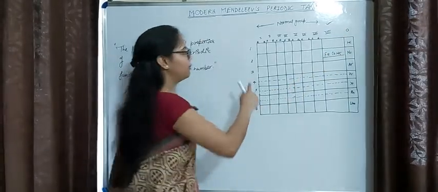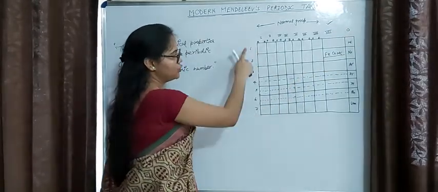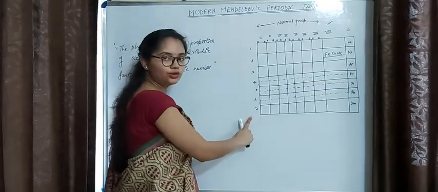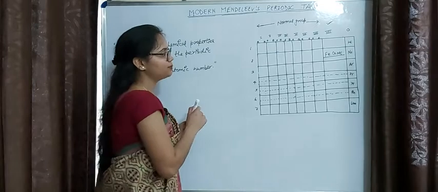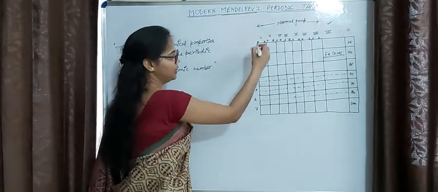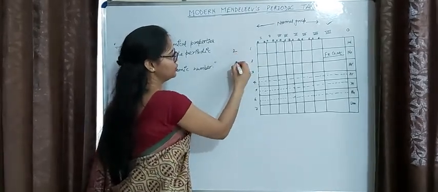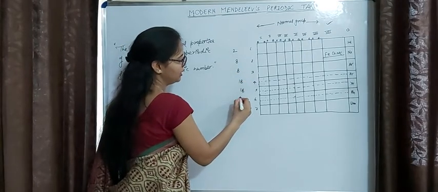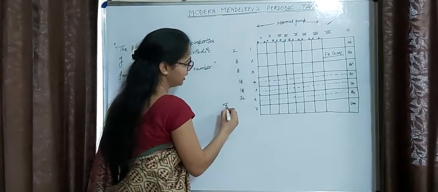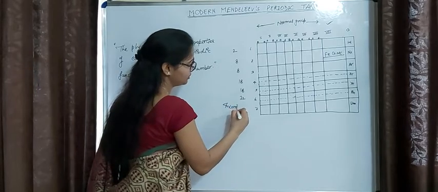Now we'll talk about the horizontal rows. As you can see, there are 7 horizontal rows in this table as well, and the elements are present in periods like this: 2, 8, 8, 18, 18, 32, and this is incomplete.